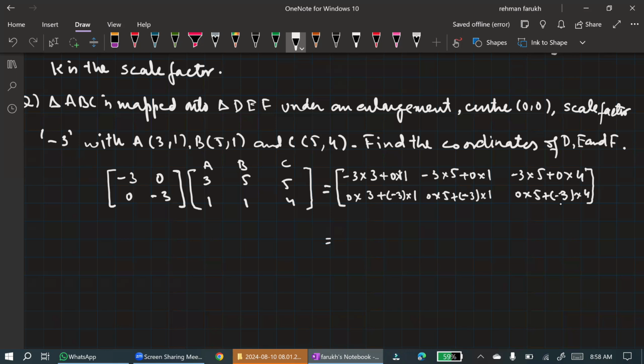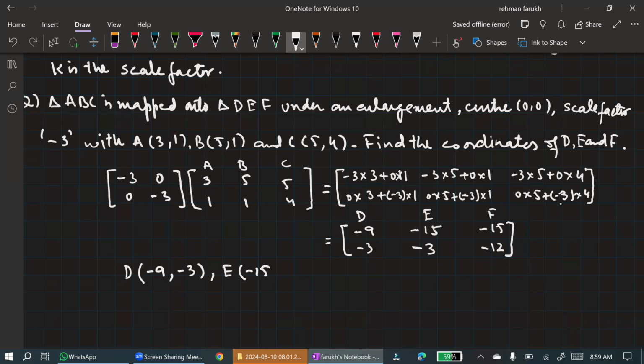The final coordinates after simplification are minus 9, minus 15, minus 15, minus 3, and minus 12. These are the coordinates of D, E, and F. Coordinates of D are minus 9, minus 3, E are minus 15 and minus 3, and F are minus 15 and minus 12.